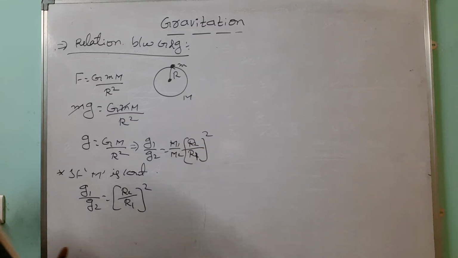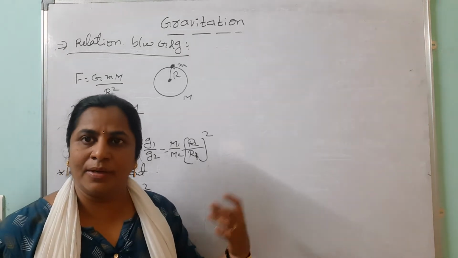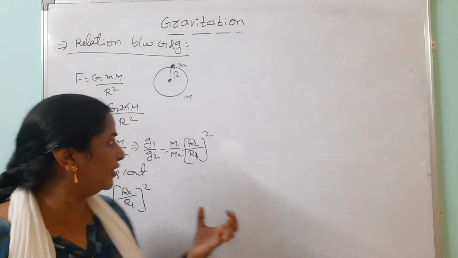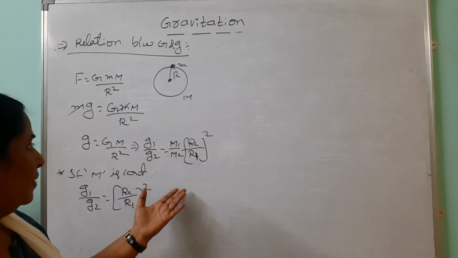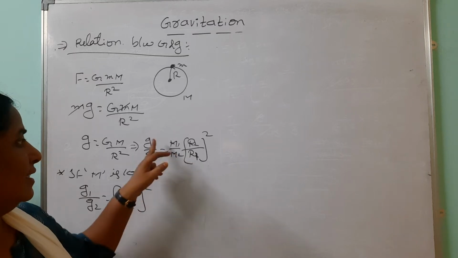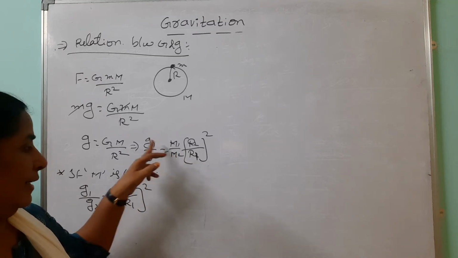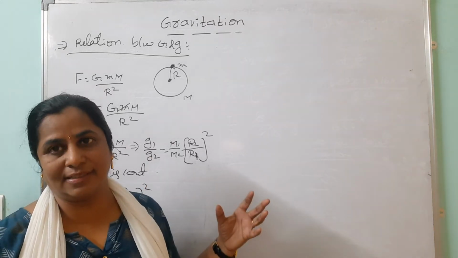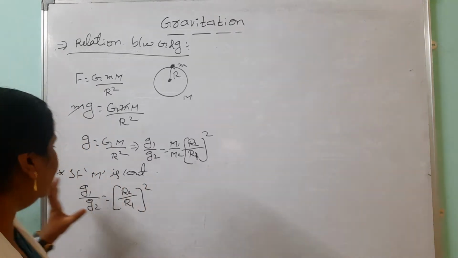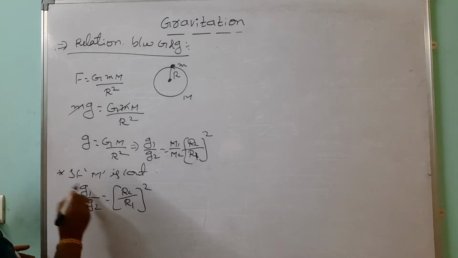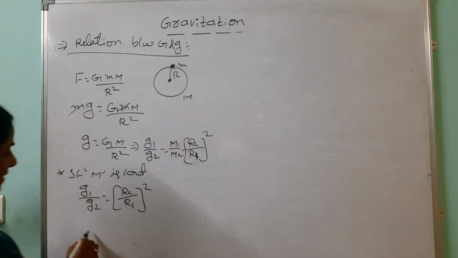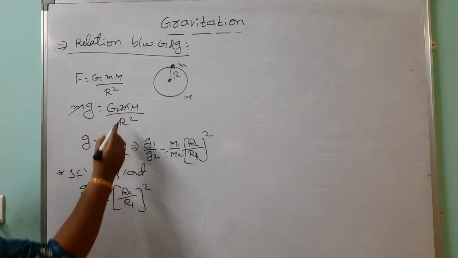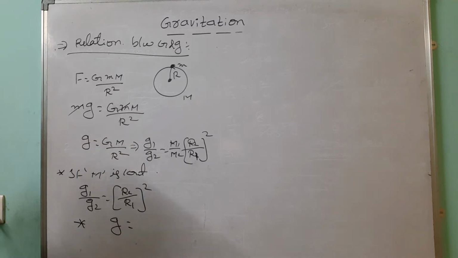One is the earth, another one is the moon. When we are going through the comparison of this one, we are using these formulas. See, g1 by g2, this is the earth, so you can take it 9.8. And this is the moon, so you can take it 9.8 by 6, 1 by 6 times less than the earth, the moon's acceleration due to gravity. Then a few more cases we are discussing here. See, this g equals, we can write it.